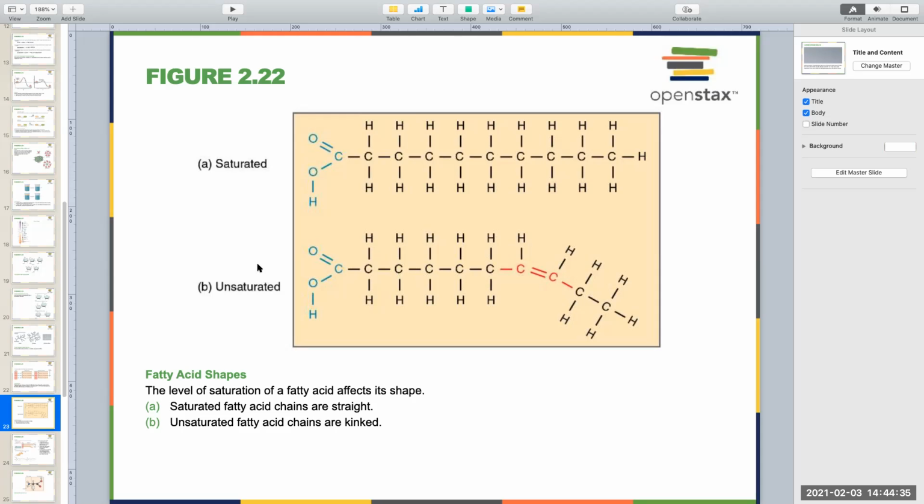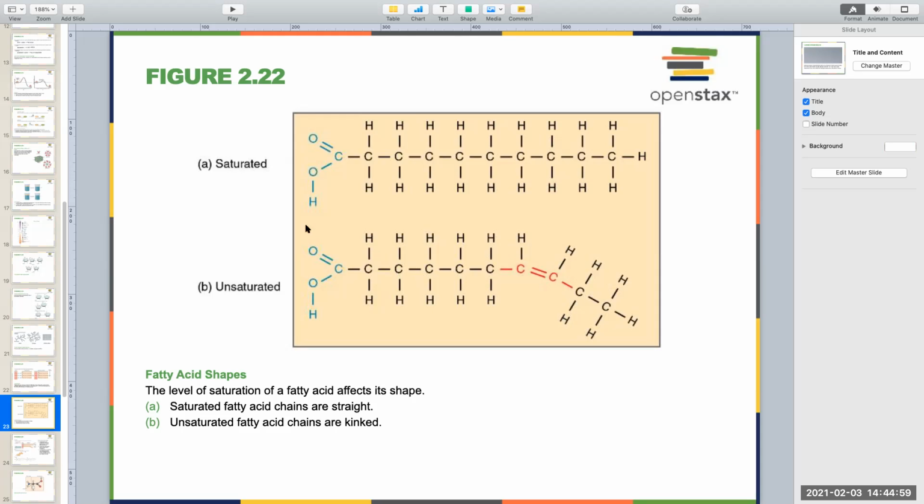That matters because if we get to a point where our arteries start to become clogged, who is more likely to clog your artery? Is it going to be something that is inflexible and solid at room temperature? Or will it likely be clogged by something that is flexible and liquid at room temperature?